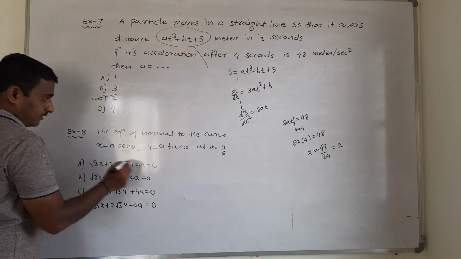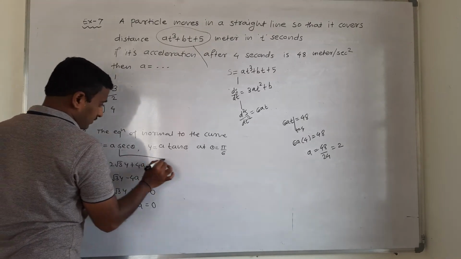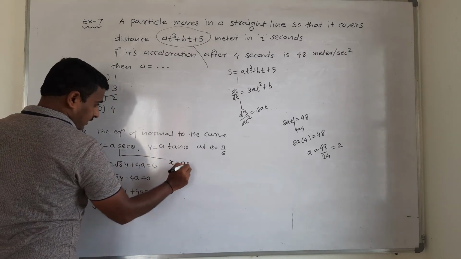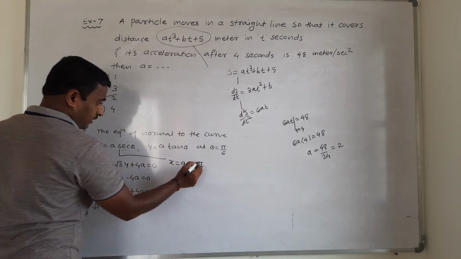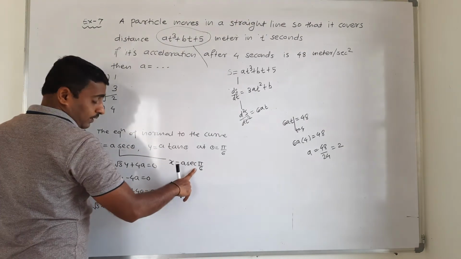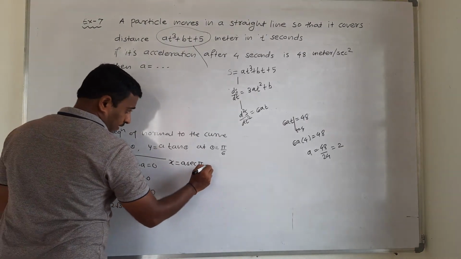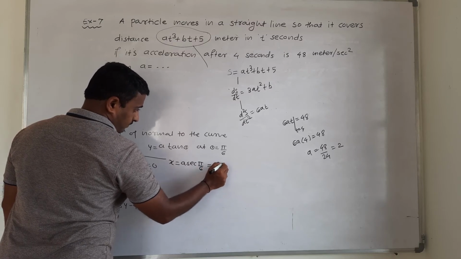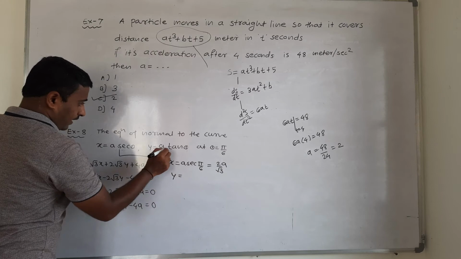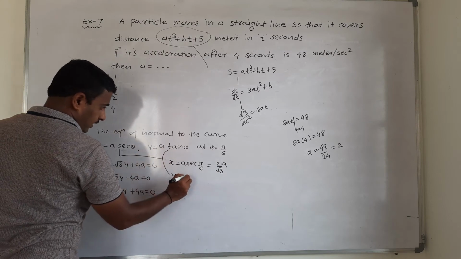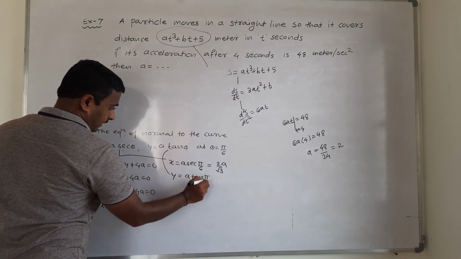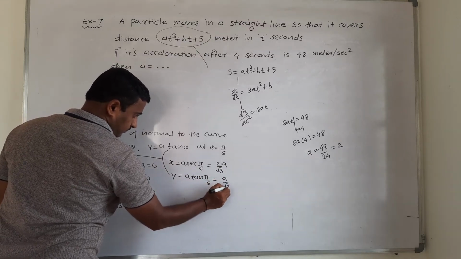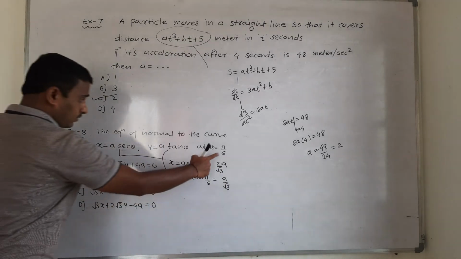Put theta is equal to pi by 6, we get x equal to a sec pi by 6, reverse of cos pi by 6, that is root 3 by 2 reversed, 2 by root 3, so x is 2a upon root 3. Now the corresponding y is a tan pi by 6, tan 30 is 1 by root 3, so y is a by root 3. This is the point corresponding to theta is equal to pi by 6.